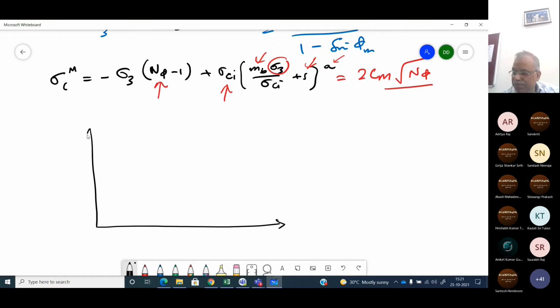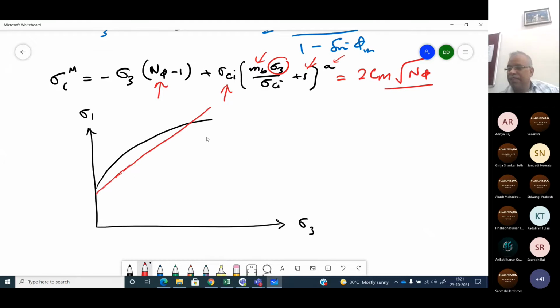What they have assumed is, let's say, the red one I have not found out yet. The Hoek-Brown thing I know. Hoek-Brown criteria I know how it is.